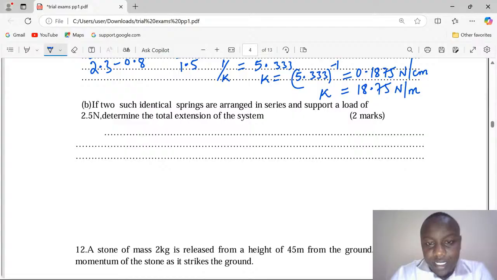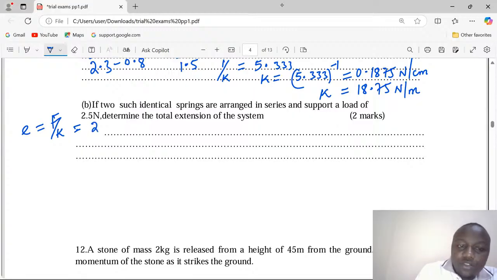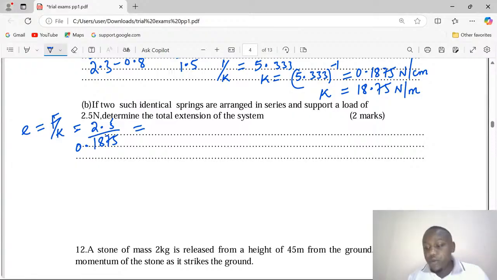One, we need to use 2.5 and one spring. You know, extension is usually given by force over K. So I need to take 2.5 divided by, we can get it in centimeters to stop working with very small numbers, 0.1875. What extension are we going to get here?